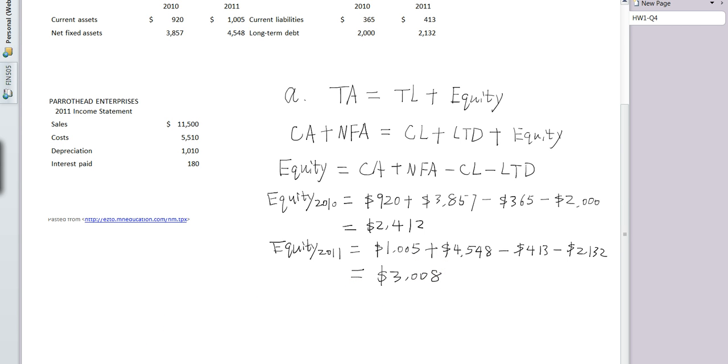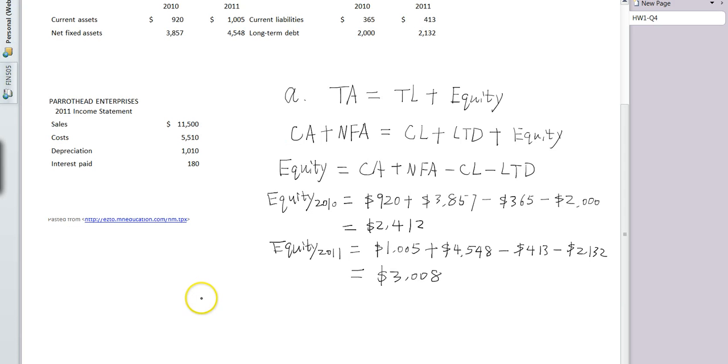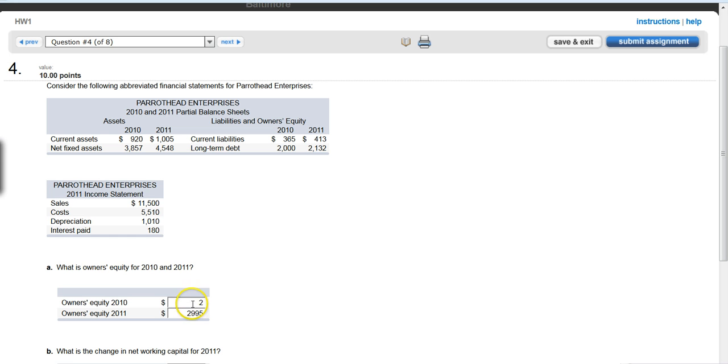So now let's get these numbers back to connect. So the first number is 2412. And second number is 3008. Okay, so that's part A.